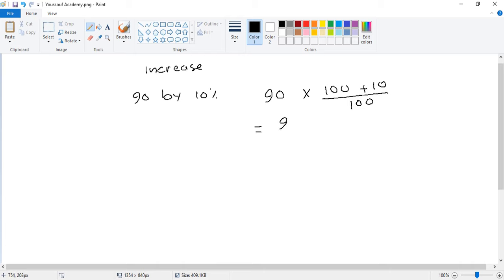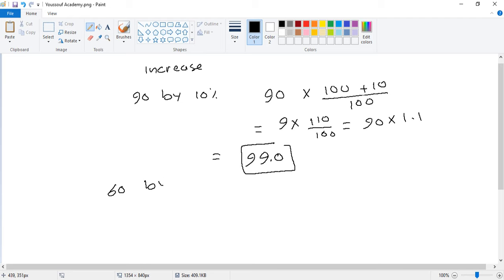That equals 90 times 110 over 100, which equals 90 times 1.1. 9 times 1 is 9, and the decimal after 1 place. So 90 increased by 10% is 99.